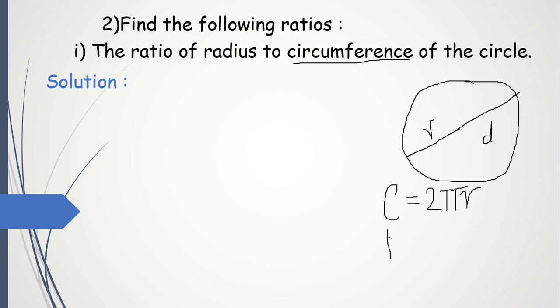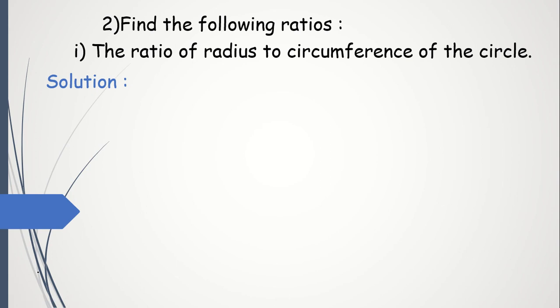And the area of a circle formula would be pi R square. Okay, these are the few formulas that are needed. So let's start. We have to just take the ratio of radius to circumference.